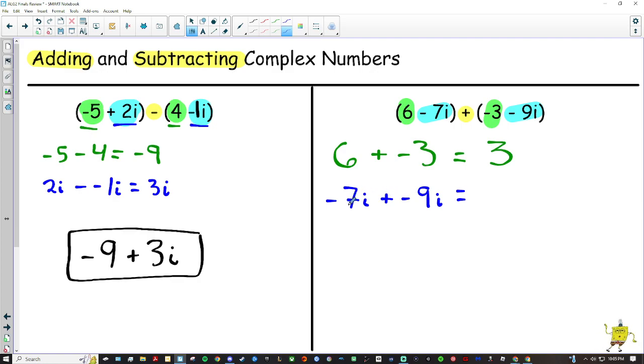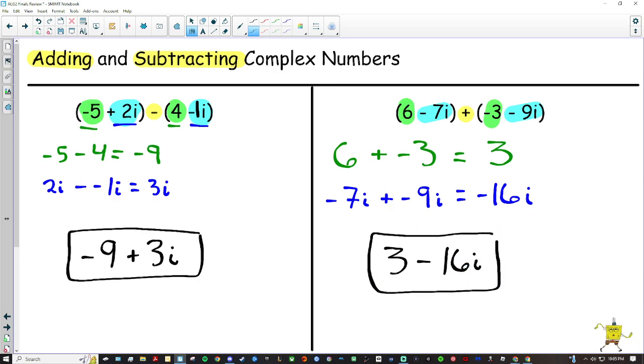When I add a -7i and a -9i together, I get -16i. And now all that's left for me to do is to write my final answer. My real part, 3, and my imaginary part, -16i. And we are all done.